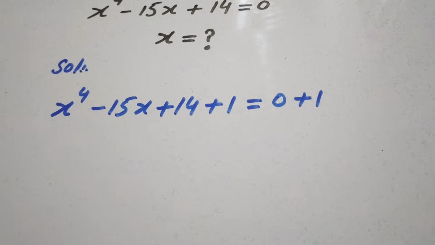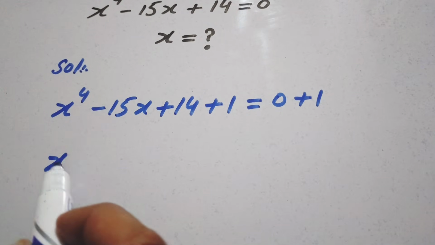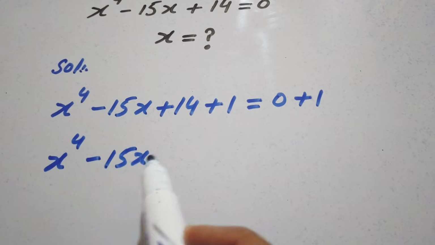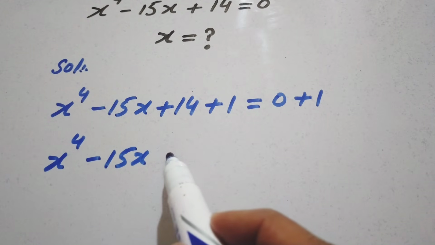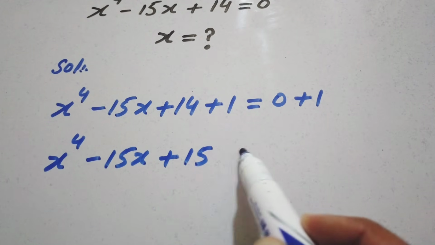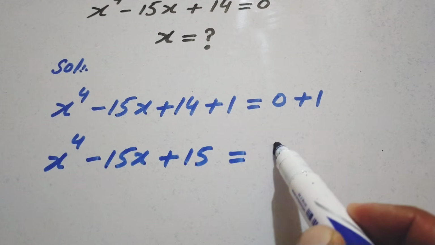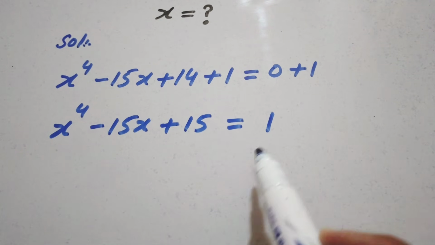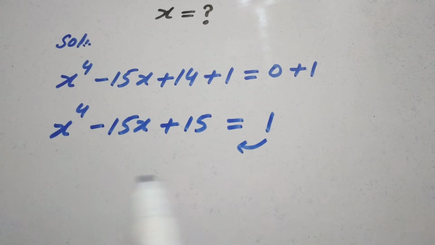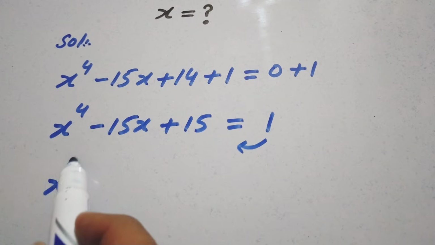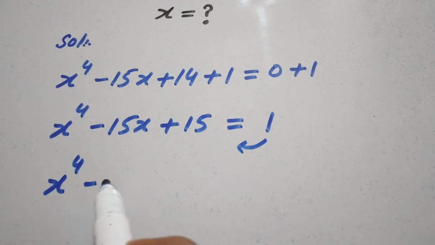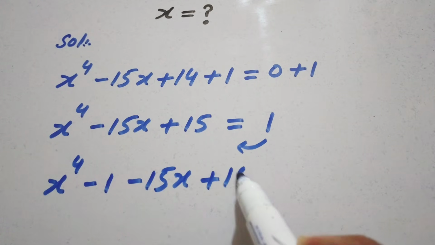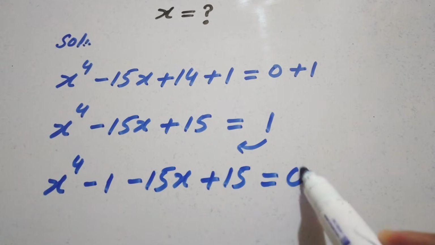Now x power 4 minus 15x, here 14 plus 1 we get 15, is equal to 1. Now move this 1 from the right hand side to the left hand side and we get x power 4 minus 1 minus 15x plus 15 is equal to 0.